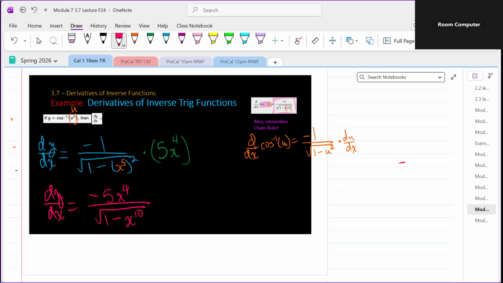So it's a kind of weird interaction between the two powers there. So what questions do you guys have on how we used any of this? We used the definition of the derivative of inverse cosine, and then we also used our chain rule.